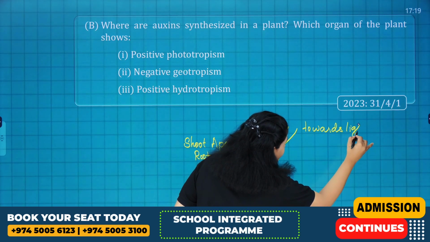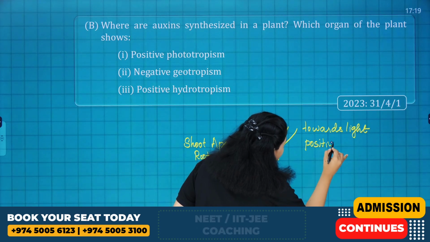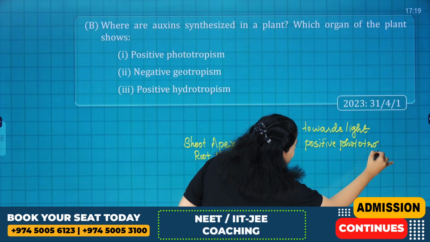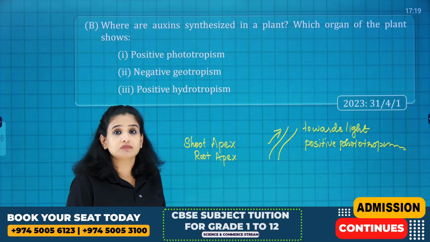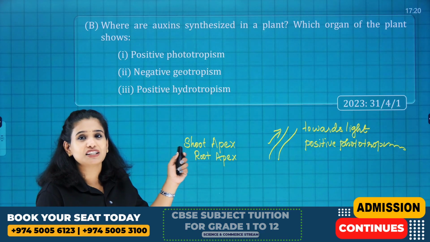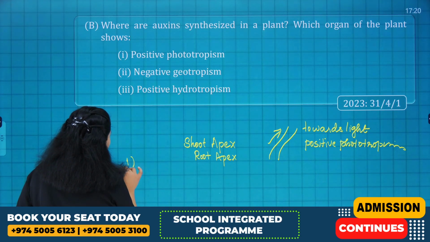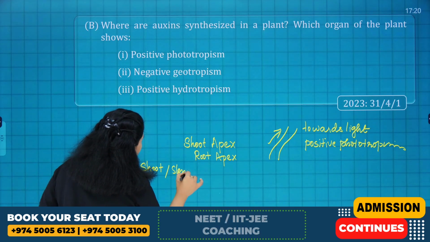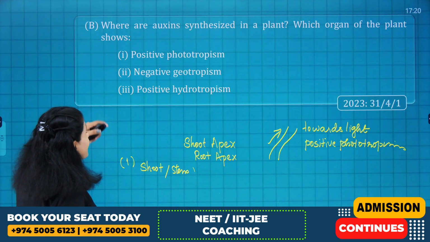We know which part of the plant shows positive phototropism, that is shoot. The shoot shows positive phototropism. So here the first answer, what we will write? The shoot, or we can call it stem, which shows positive phototropism.